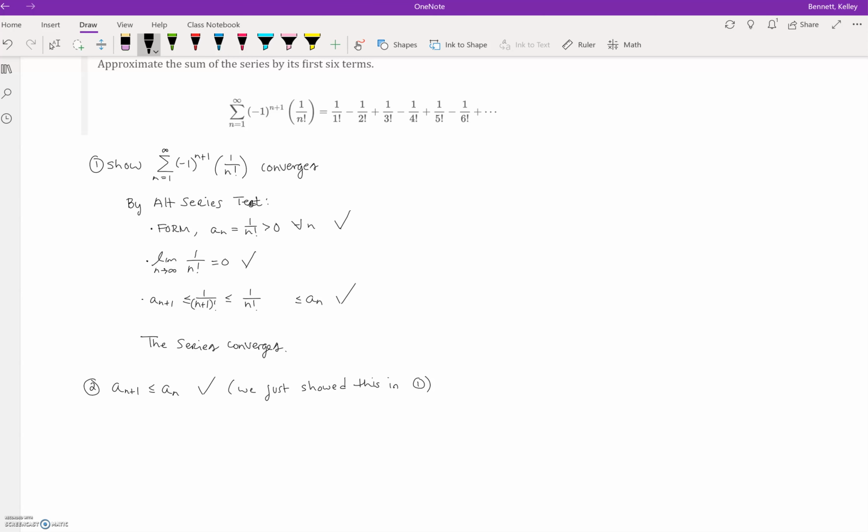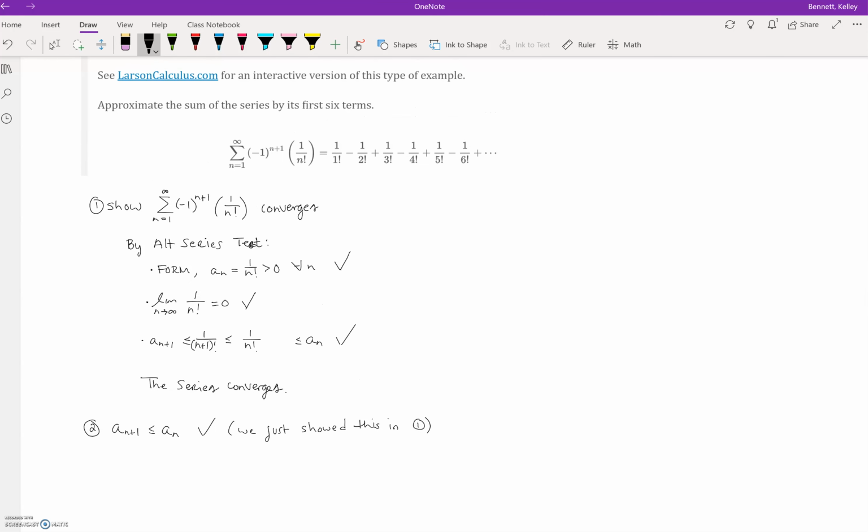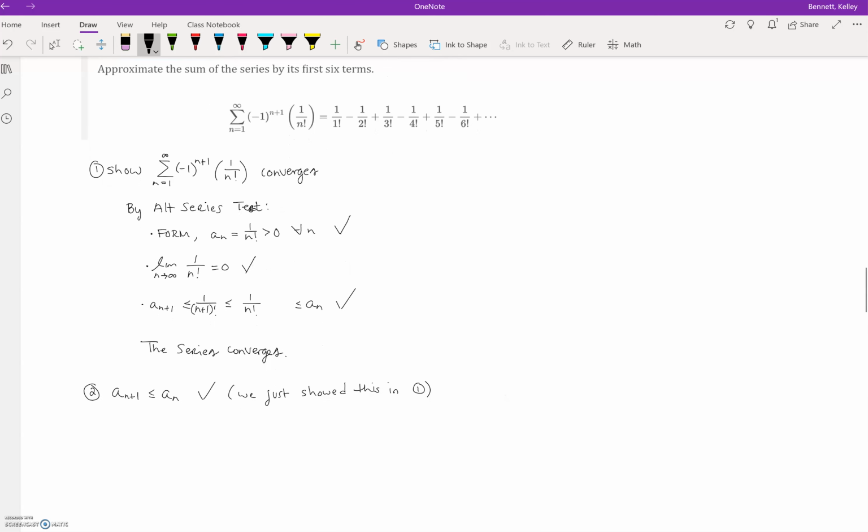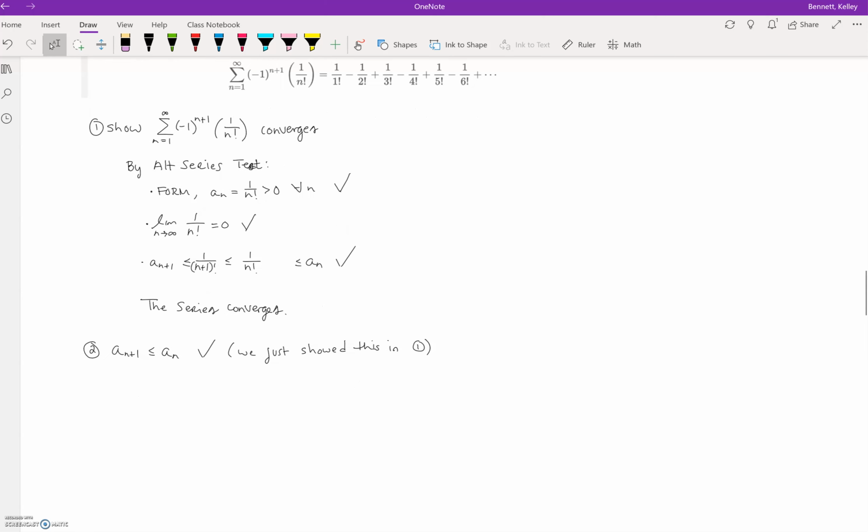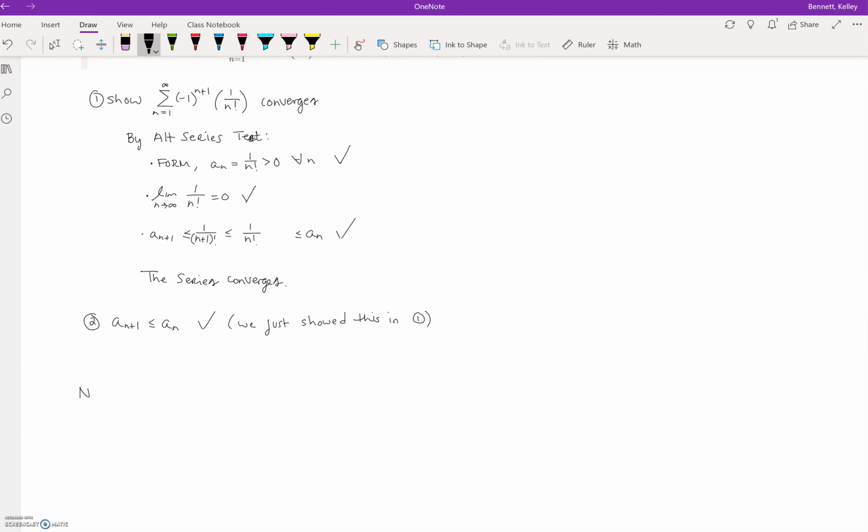We're going to approximate the sum of this series by its first 6 terms. So S minus S6, which we define as the remainder R6, has to be less than or equal to the 7th term.